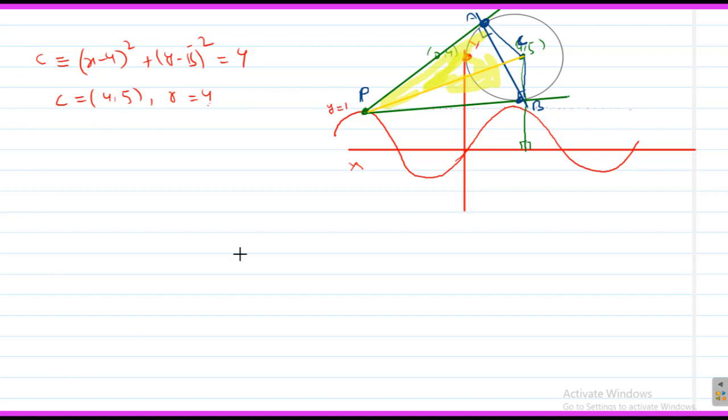Automatically the center of the circle is the midpoint of AC, because it is a cyclic quadrilateral. P, A, C, B are concyclic points.